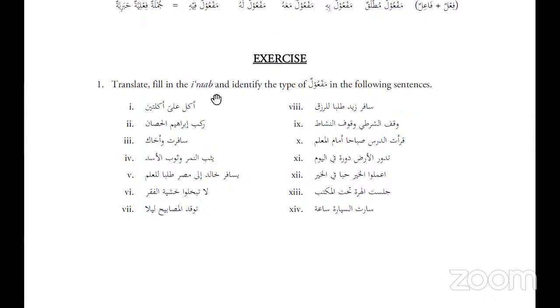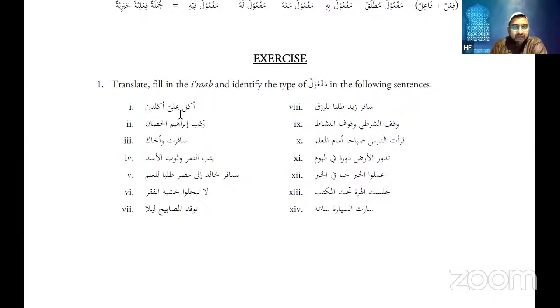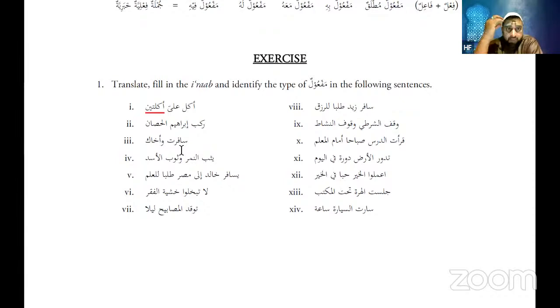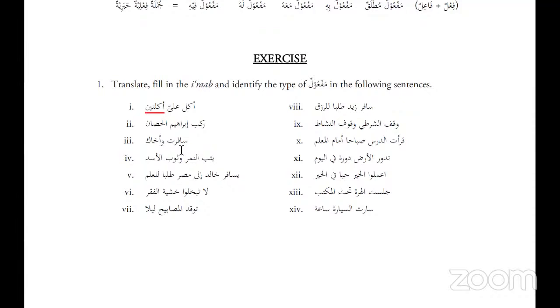Now, over here, number 1. I'll read the Arabic and you tell me. Akala Aliyun akalatayn. So Ali ate two meals, or he ate twice. Akala is the verb.